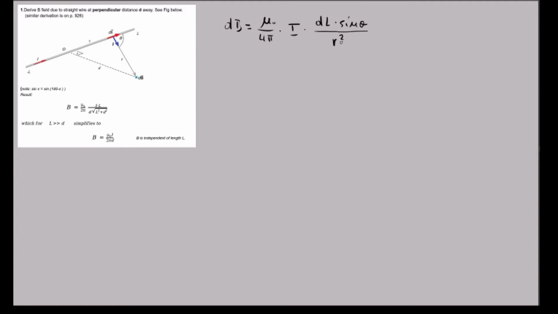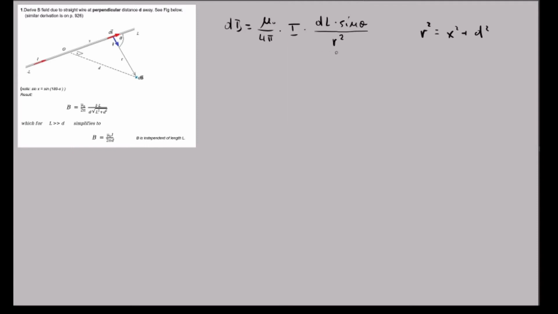Let's go ahead and find an expression for r in the first place. By looking at the picture, you should see that r squared equals x squared plus d squared.